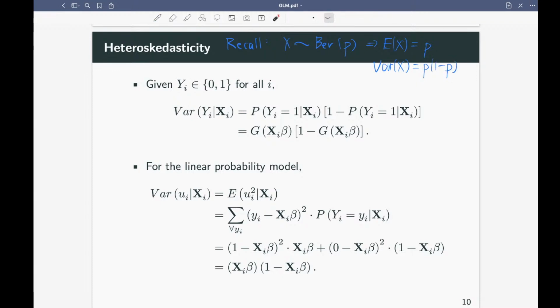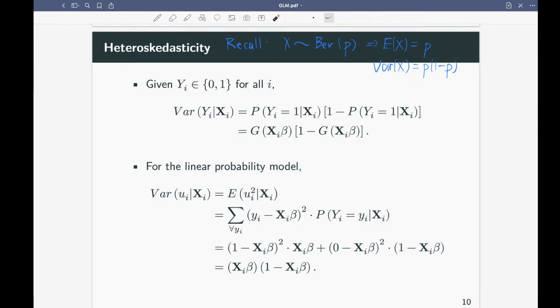So we define this term as capital G of x beta, and this term as 1 minus capital G of x beta. We find the variance of y depends on x, so it is not constant. So it is not homoskedastic, and we should use a robust standard error here.